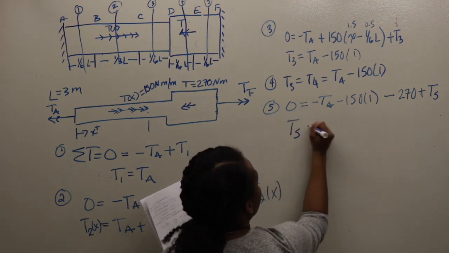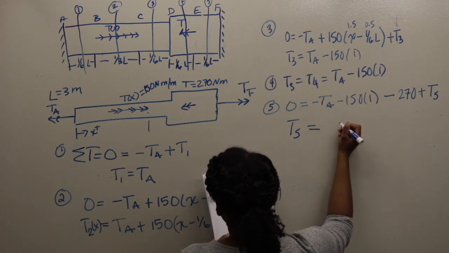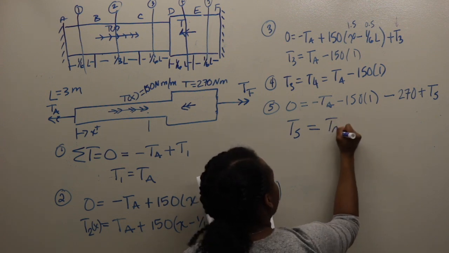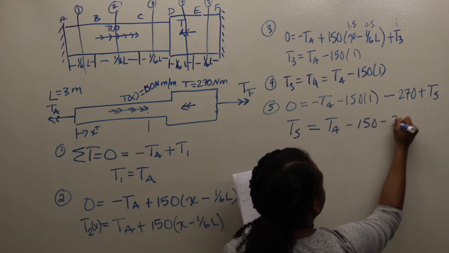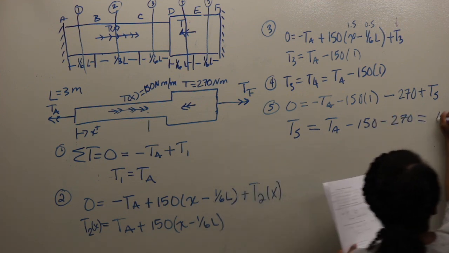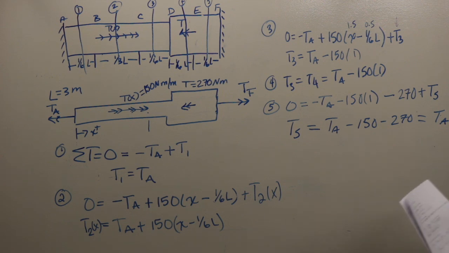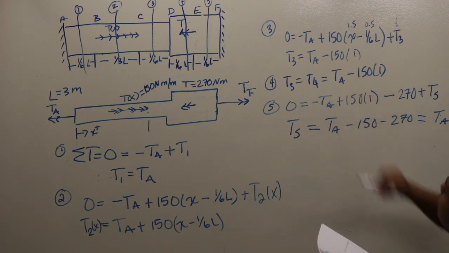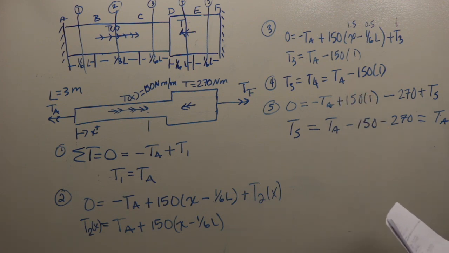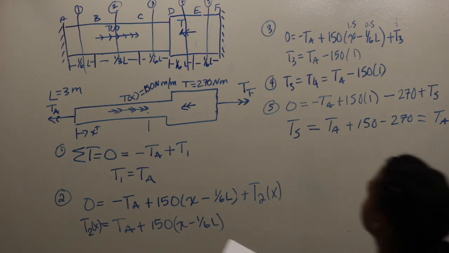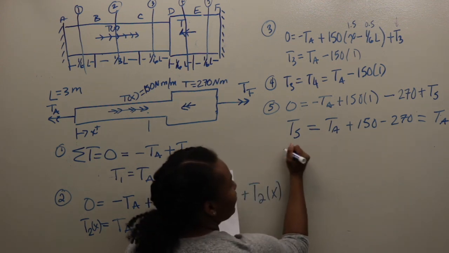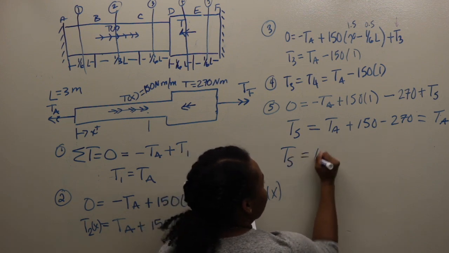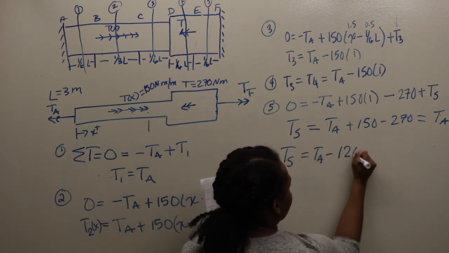So the reactive torque 5 will equal TA minus 150 minus 270, which equals TA. This will be minus, this will be plus 150, which will equal TA minus 120. I'm gonna write this where we can say, so it will be T5 equals TA minus 120. I'm sorry, it's off.